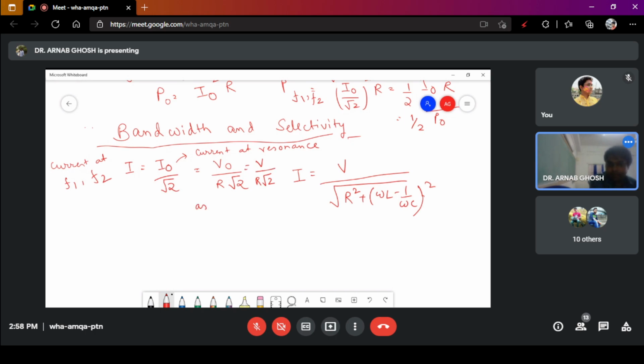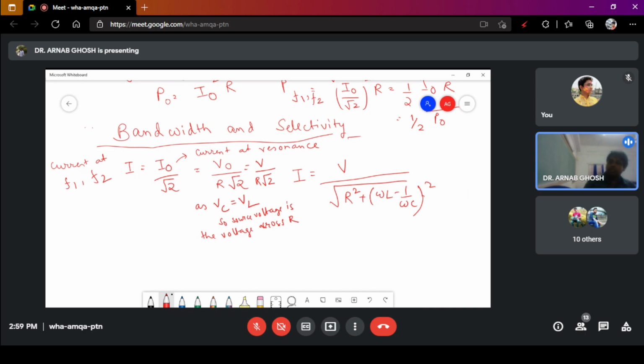As VC is equal to VL, the source voltage is the voltage across R. This we have already studied in today's morning class.